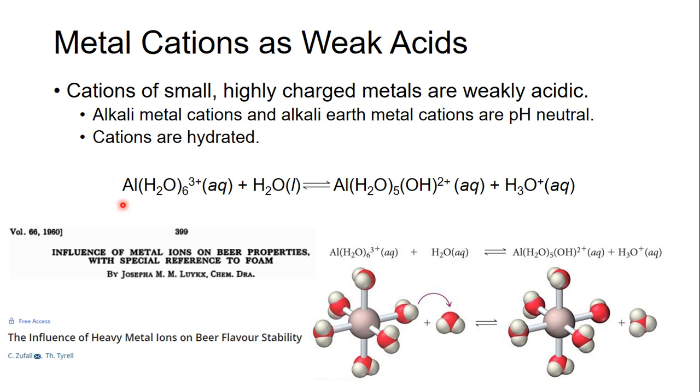Well, when you put a small charged metal in solution, what happens is that it gets surrounded by water. They have ion dipole interactions, if you remember all the way back from chapter 11. So here we have aluminum, and it's having 6 interactions with the oxygens of water.